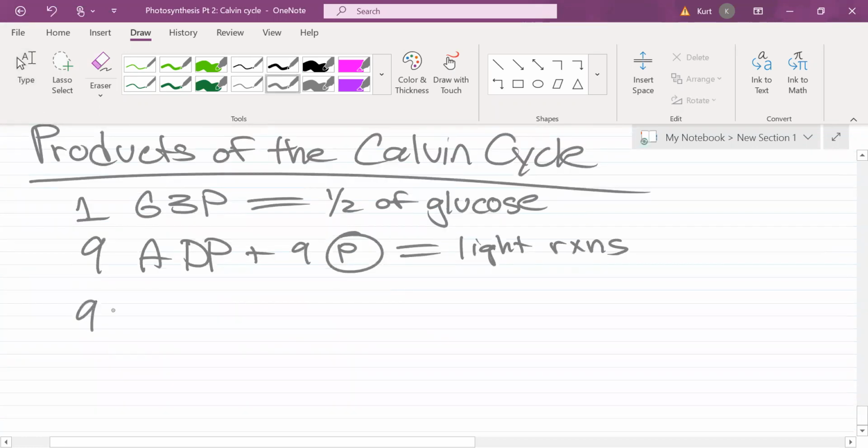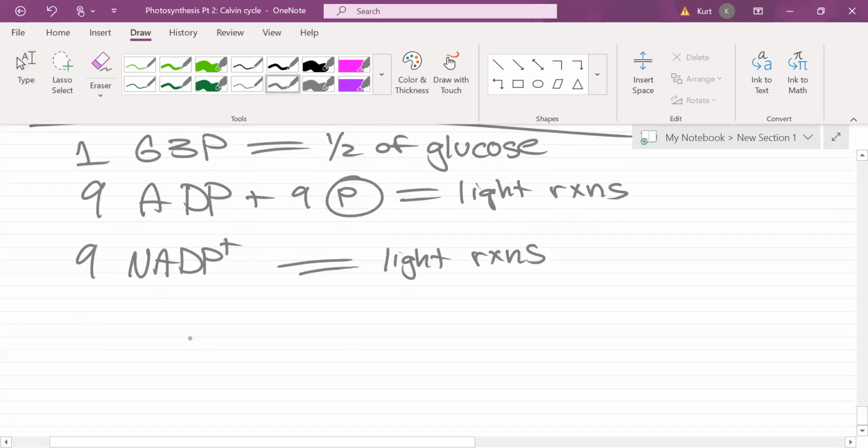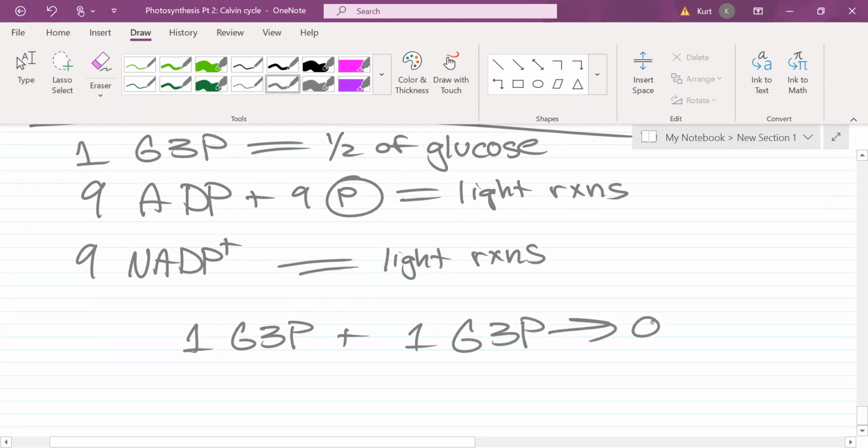And you're going to form 9 NADP pluses. They're going to go back to the light reactions and reload on electrons. If you have one G3P plus another G3P, you will get glucose. So how many times, again, do you have to go through the Calvin cycle to make one glucose? You have to go through the Calvin cycle twice.